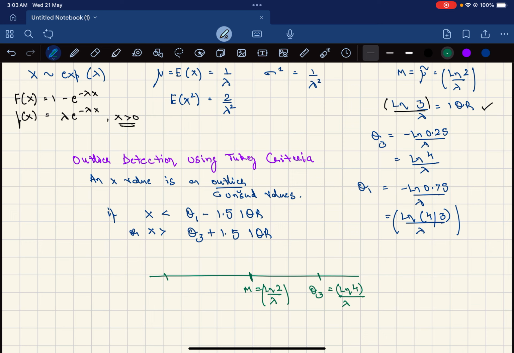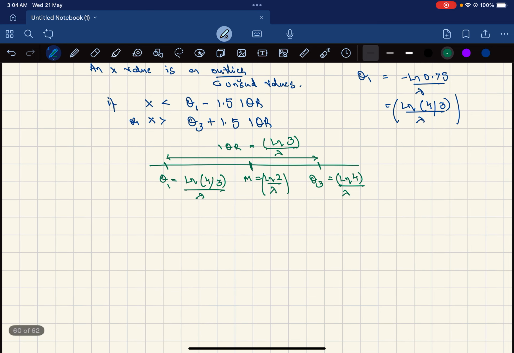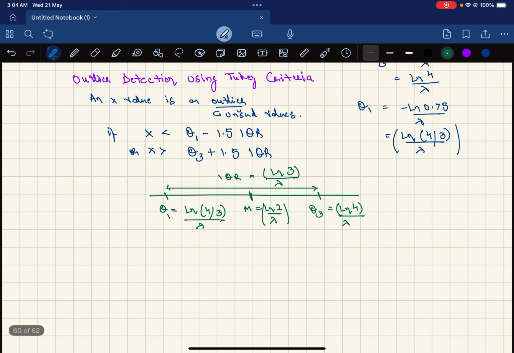And then we also had a 25th percentile value, which is the first quartile value, and that was calculated as ln(4/3) upon lambda. So these were the three values which we had derived, and we also saw that the difference between Q1 and Q3, that was the interquartile range, was given as ln 3 upon lambda. So these were the various values which we had defined in our previous session.